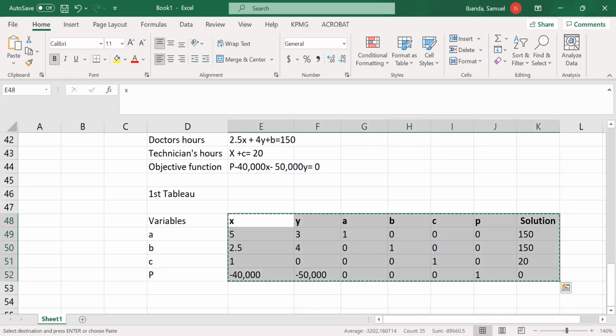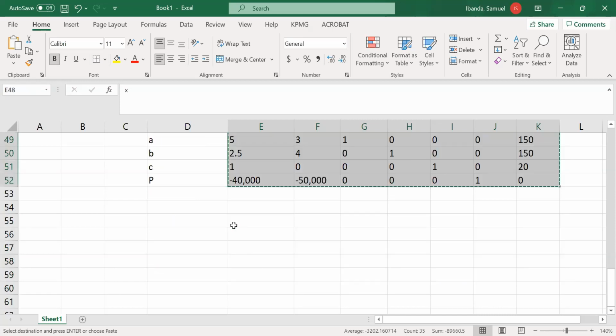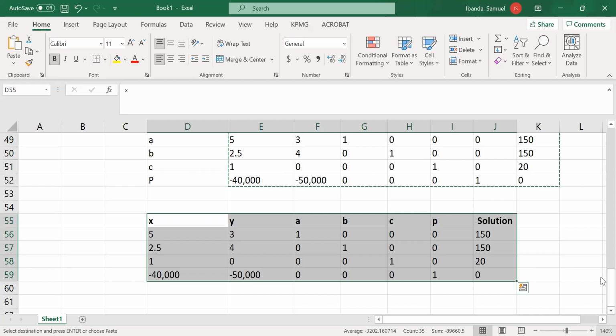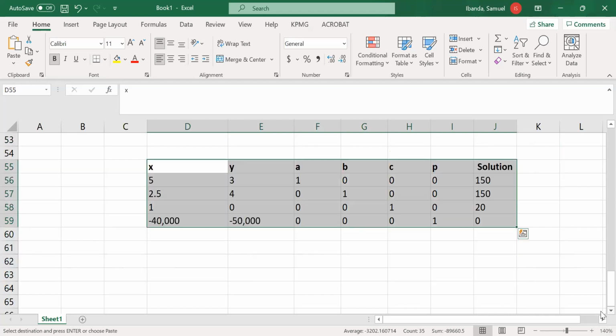I'll just pick this and bring it down here. You can see that this is more of a matrix.